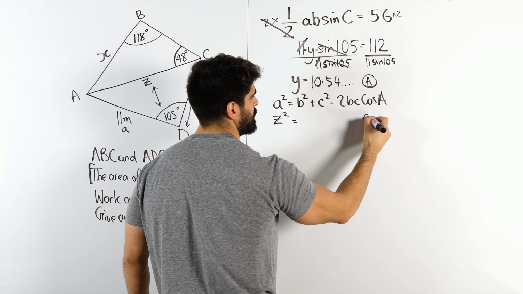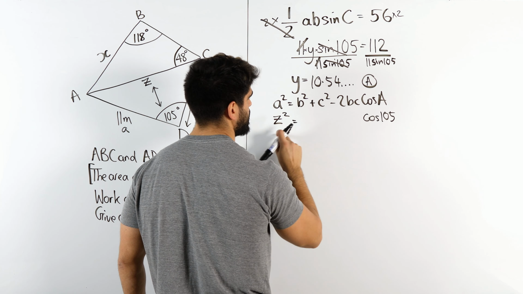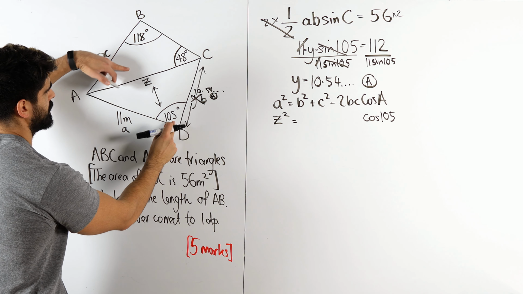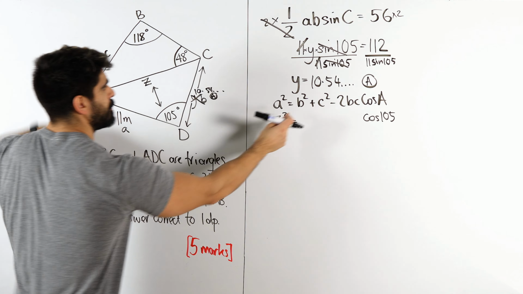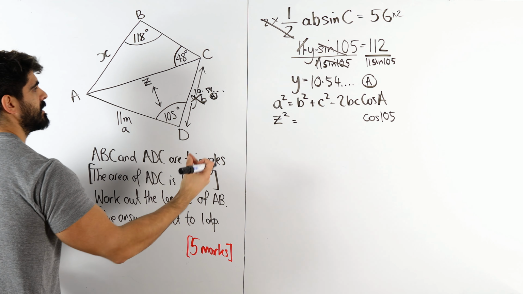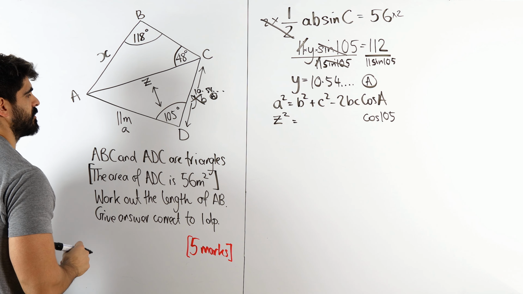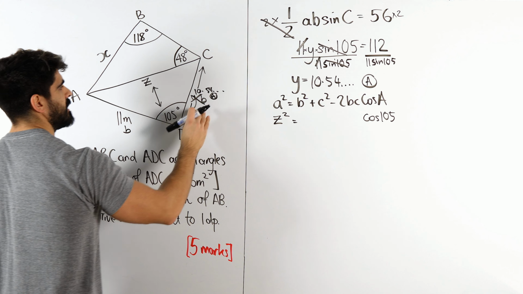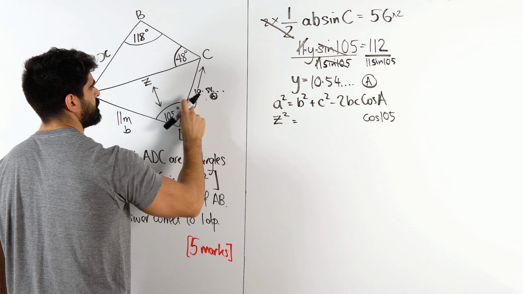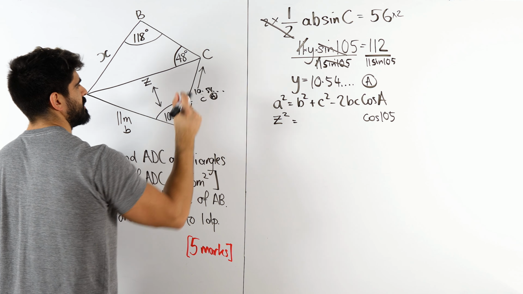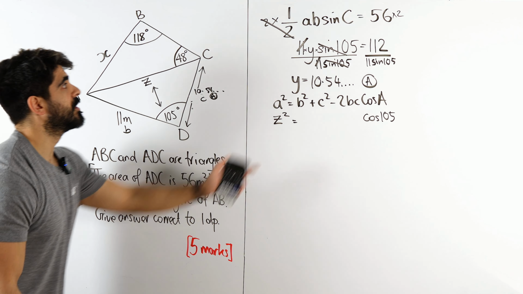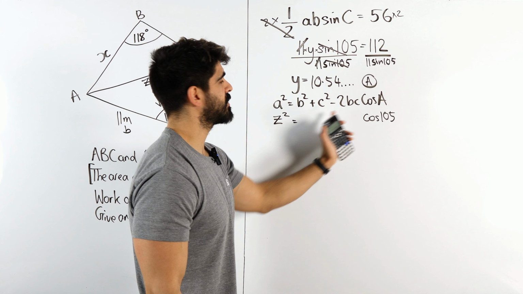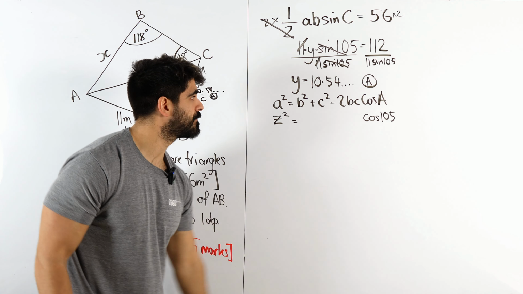This cos A would be cos of 105. These two things need to be opposite, which you can see here. Now your b and c are the lengths, again, on either side of the angle. So I can just redefine this as being b, and I can redefine this one as being my c now. So your a, b and c's here are not the same as your a, b and c's here.